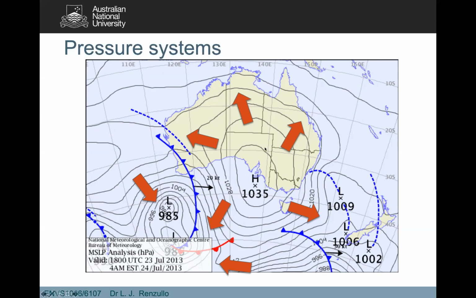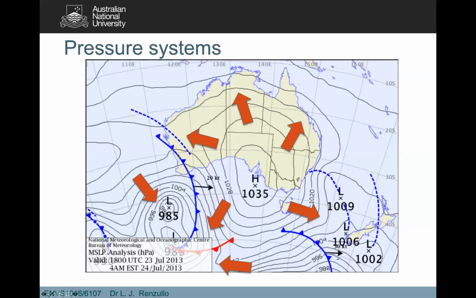What we have here is a large high pressure cell. Remember, the flow is counterclockwise out of the high and clockwise into the low. So we have the continental dry air mass. We have a frontal system being driven by winds, those circular patterns of airflow from high to low, pushing this cold front, moisture laden, I might add, because it's over the ocean, onto the dry, warmer air mass of the continent.